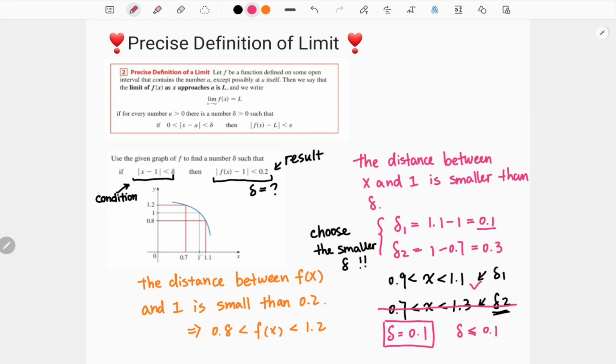And this is also easy to understand: if I give my x a very tiny range, like 0.01, then I can also make sure that my y value does not exceed the original orange bar.